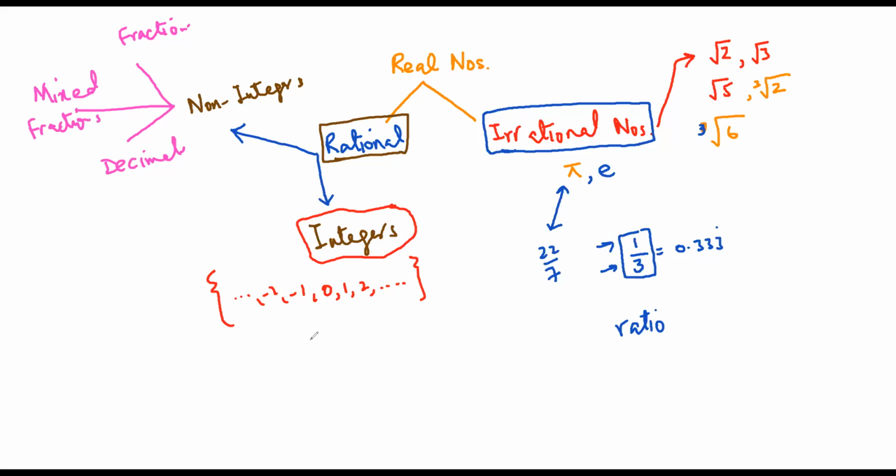Now these integers have many types. I'll not be writing all of them, just some famous types here. First of all, the natural numbers. Does anyone know about the natural numbers? 1, 2, 3, 4. Yes, the natural numbers start from 1.